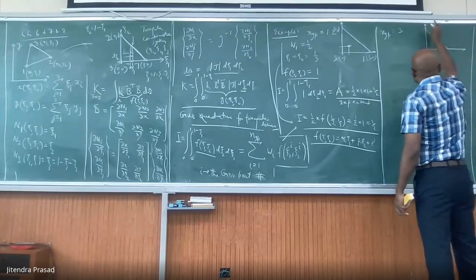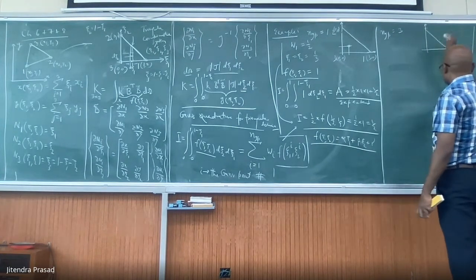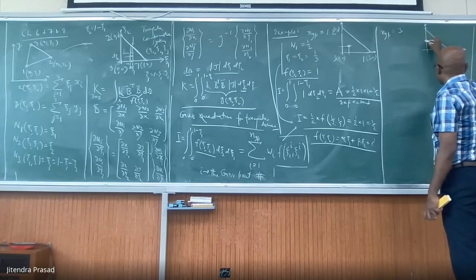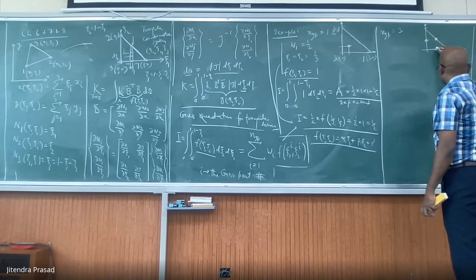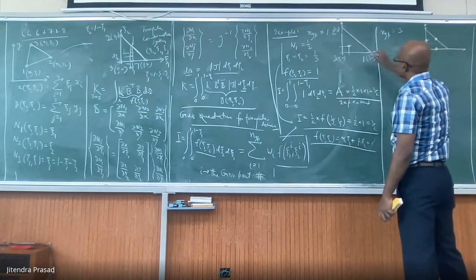There are various possibilities, not just one for number 3; there are at least a couple of ways. One is half and half and half. These points, one of them.